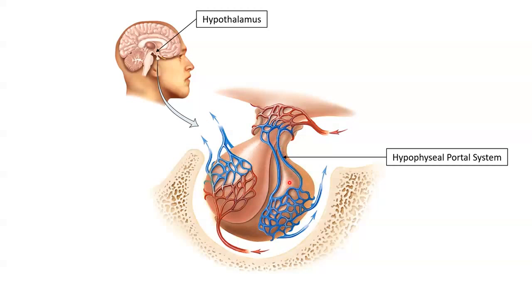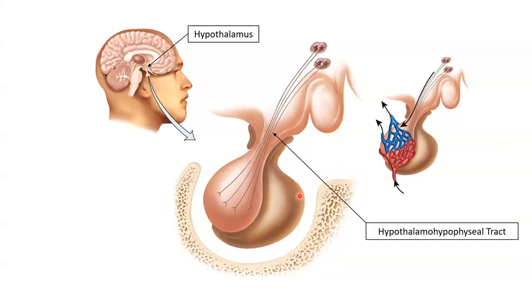So when the hypothalamus is stimulated, hormones produced in the hypothalamus can be secreted directly into these capillaries, which can then travel directly to the capillaries of the anterior pituitary gland and have their effect on those cells. So hormones released in the hypothalamus have a direct connection via the blood to the anterior pituitary gland.